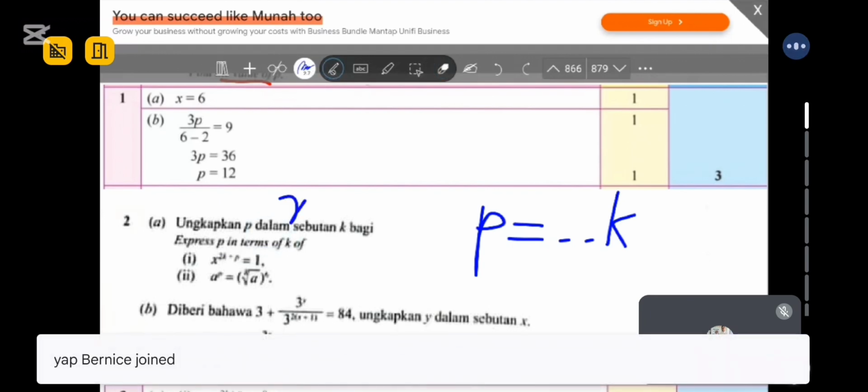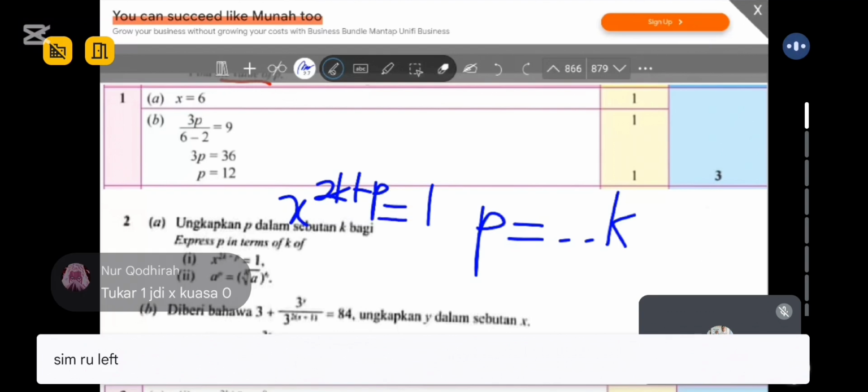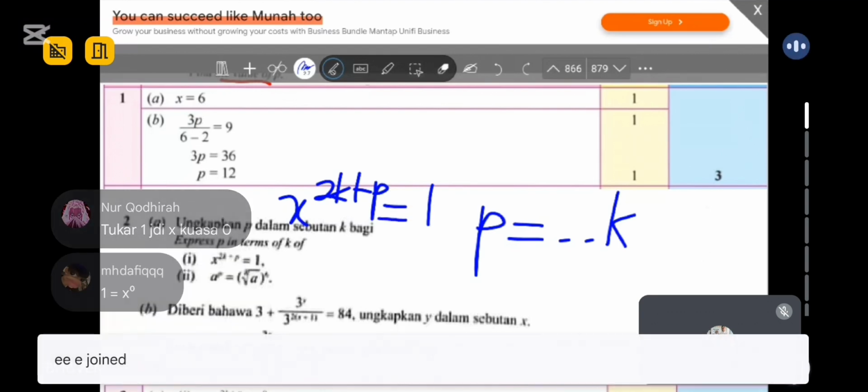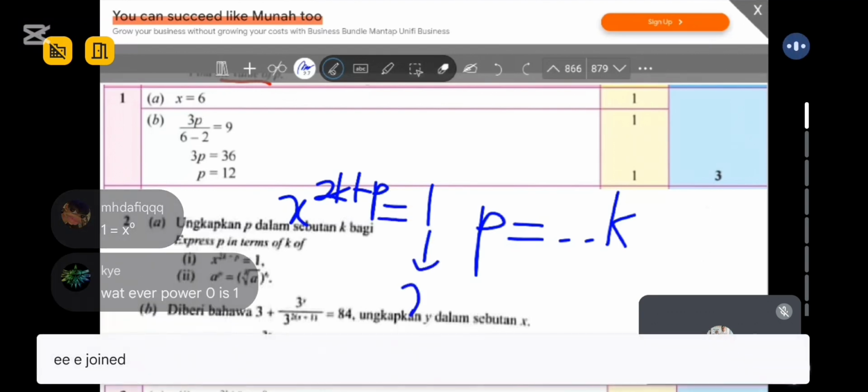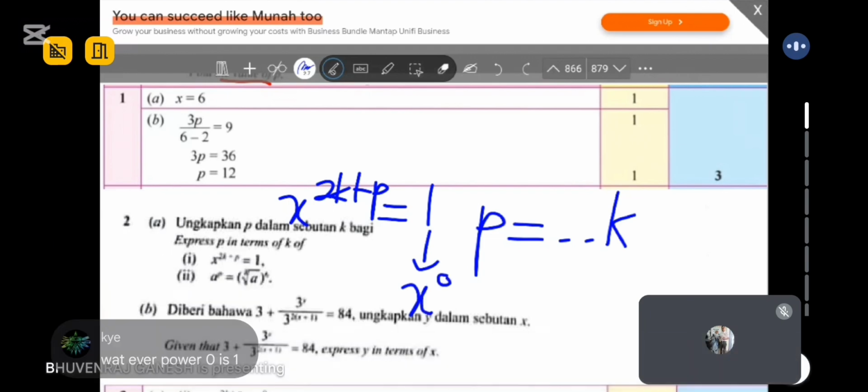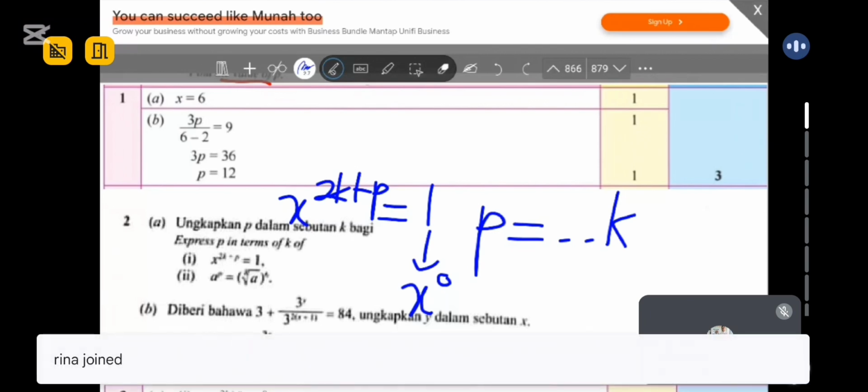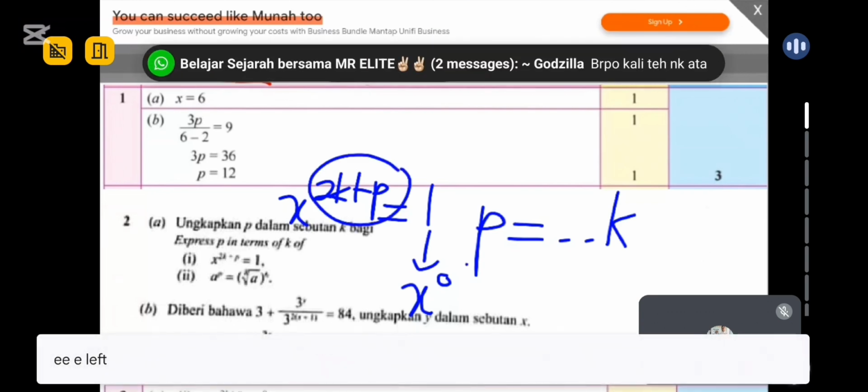They say X 2K plus P equal to 1. Okay, guys. Very good. Baguslah kamu semua. Tak tanya soalan pun dah jawab. Okay, correct. So you must change your number 1 to X power 0. Correct. Whatever power 0 is 1. Yes, correct. Okay, so now, guys, kamu akan buat apa? Kamu akan bandingkan kuasa dia.